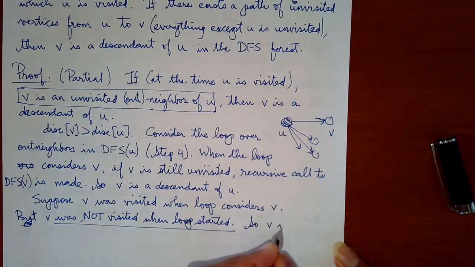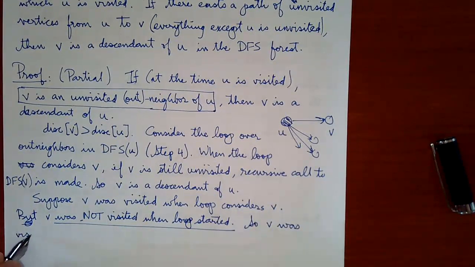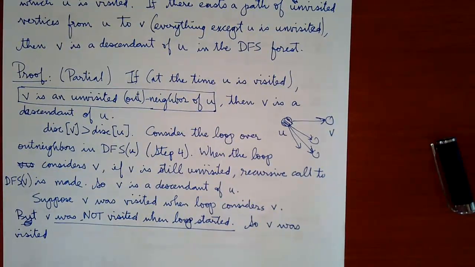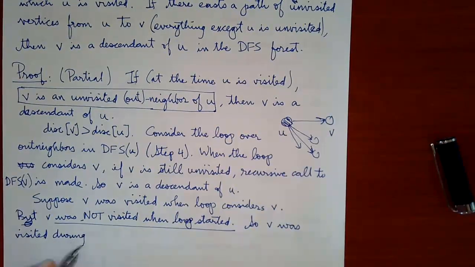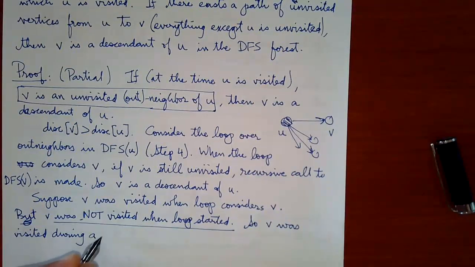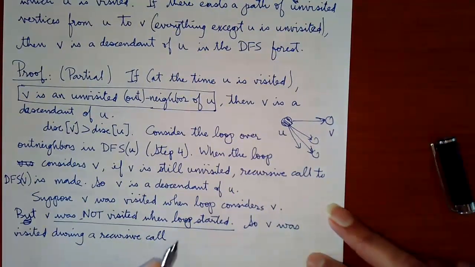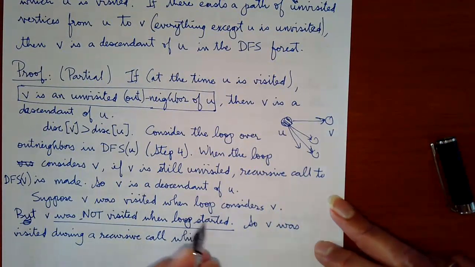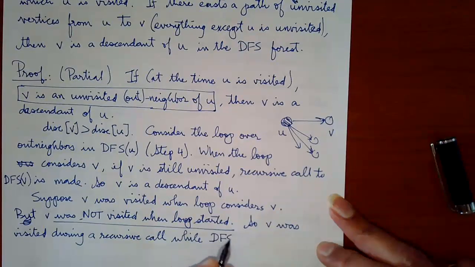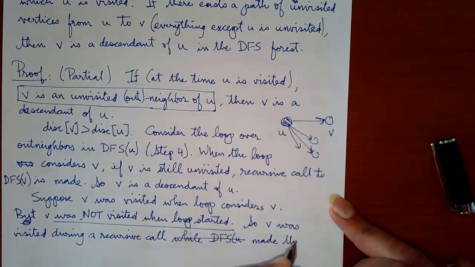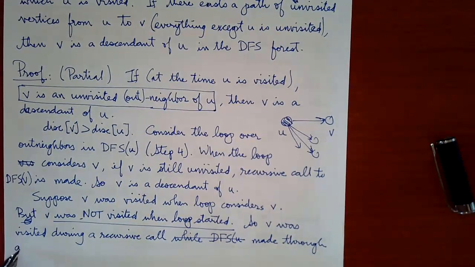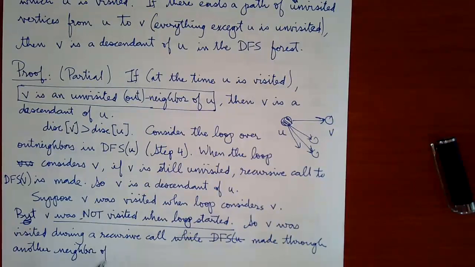So V was visited during a recursive call made through another neighbor of U.